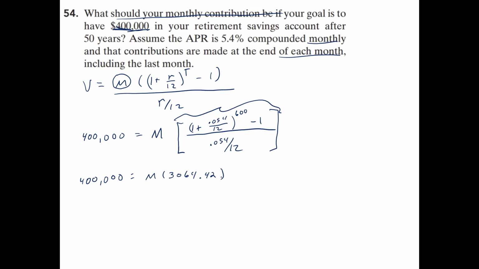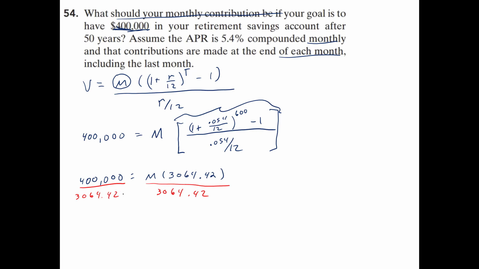And so then this is just a basic trying to get the M by itself. So to get the M by itself, since we're taking M and multiplying it by 3,064 and 42 hundredths, we just divide by that. We divide both sides by that, 3,064 and 42 hundredths.